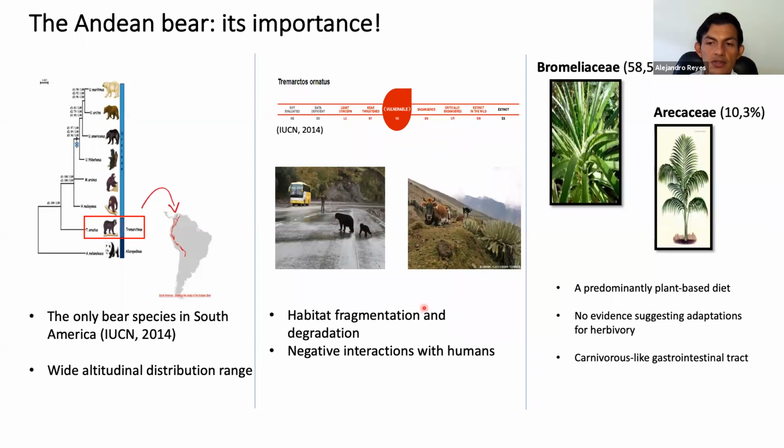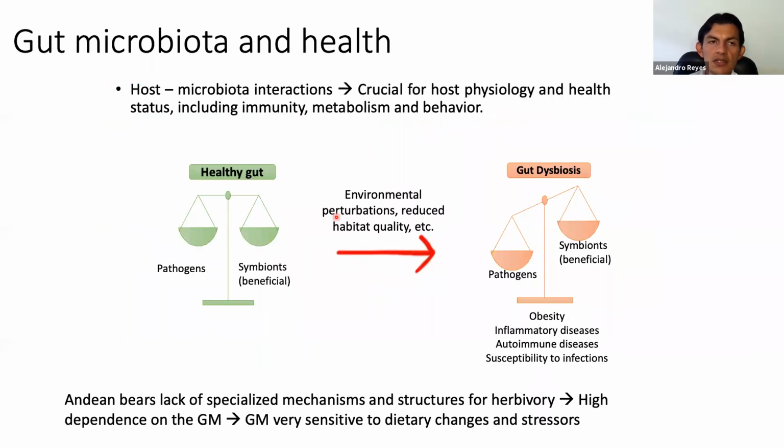However, there are no suggestions of any adaptations to herbivory in their physiology. So that's where the gut microbiota becomes so important, because most of the plant nutrients that they acquire have to be degraded by the microbes. That is crucial for the health, immunity and metabolism of the bear.